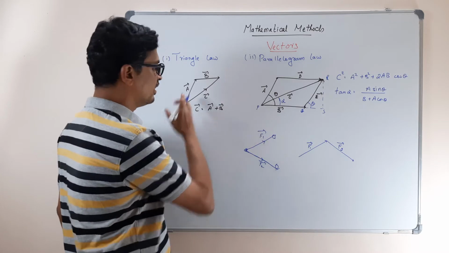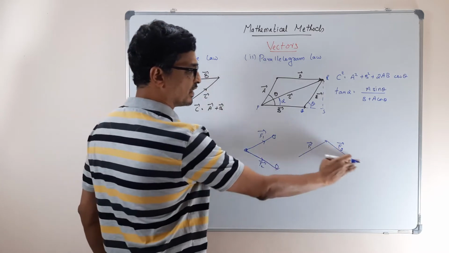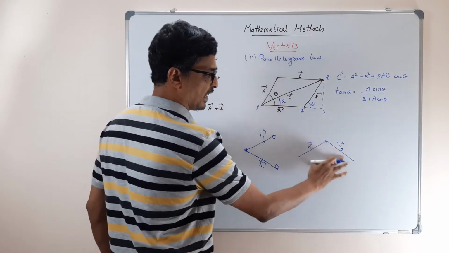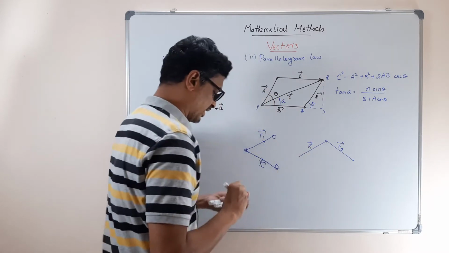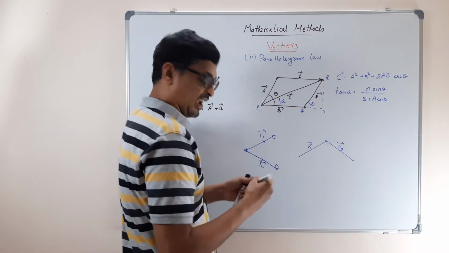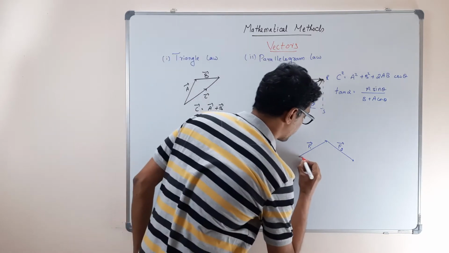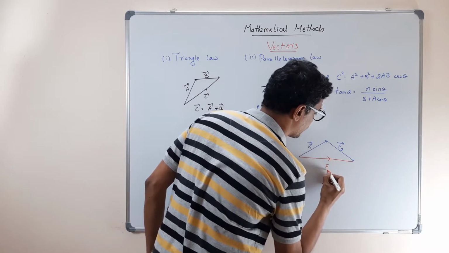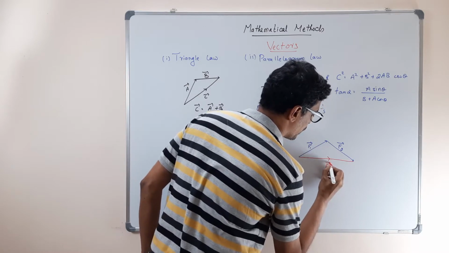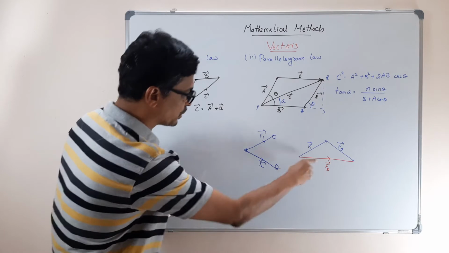Now my triangle law says, if the vectors are in the same sense, when you add two vectors in the same sense, the resultant vector is obtained just by finishing the triangle. Correct? You just finish the triangle here. And this is going to be the real resultant vector F3. So this is F3.